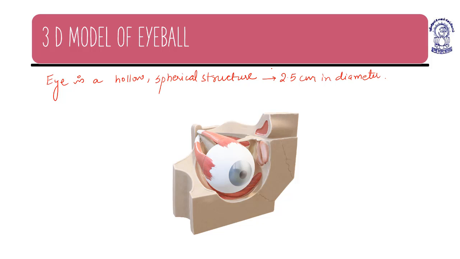Its wall is composed of three major coats which will be discussed in the coming slides. So this is the eyeball.